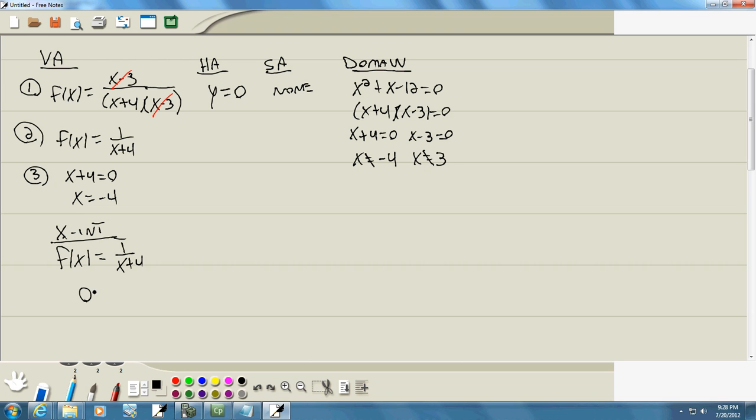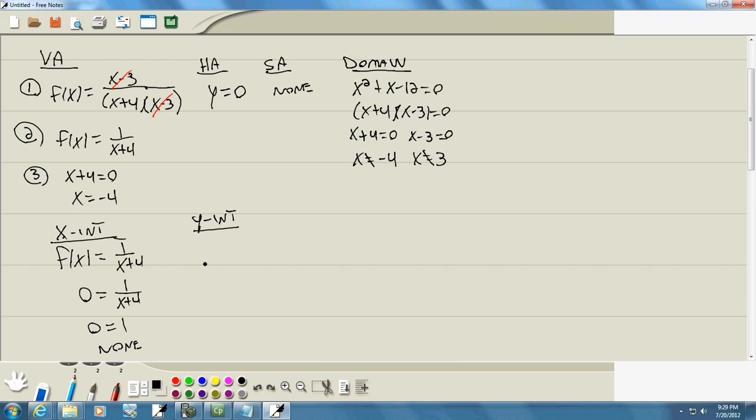The other variable is y. So I get 0 equals 1 over x plus 4. And remember, whenever we have a 0 on this side and we have a fraction, we can set the top part equal to 0. But when I do that, I don't have any x's left. So there is no x-intercept. So none. Now that looks like we didn't find anything. Well, yeah, we did. That actually tells us something.